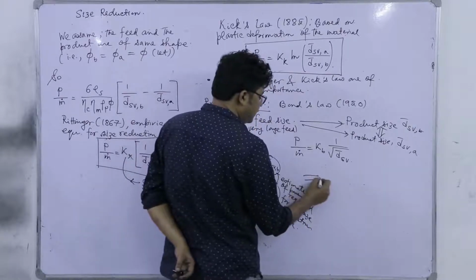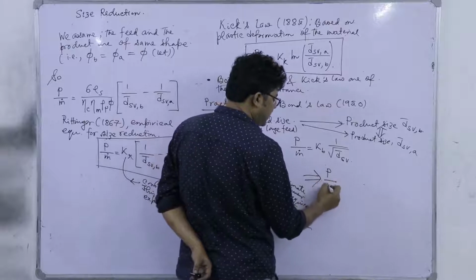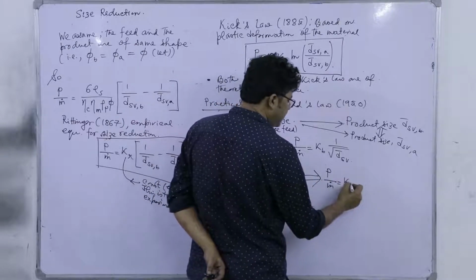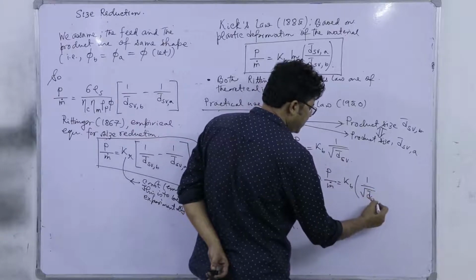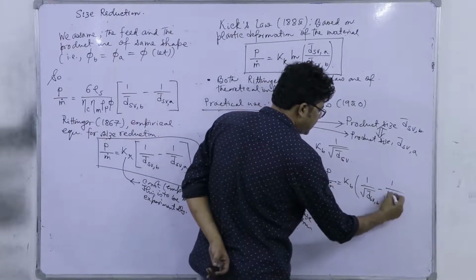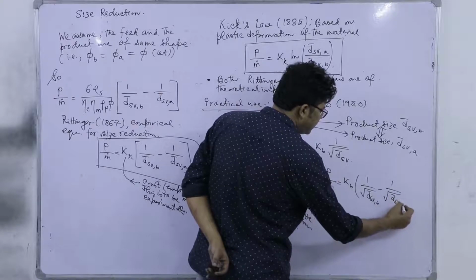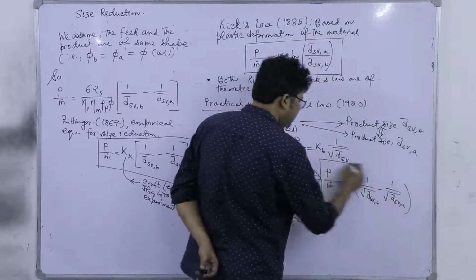So the usable form of Bond's law: P by m dot is equal to Kb into 1 divided by under root of d bar SVB minus 1 divided by under root of d bar SVA. Right, that is the usable form.